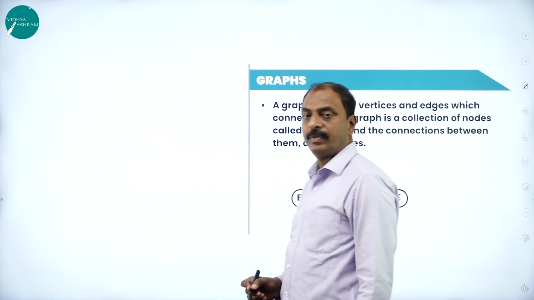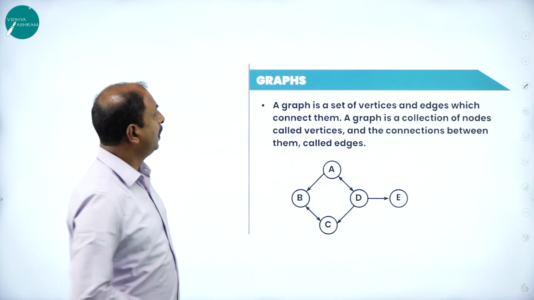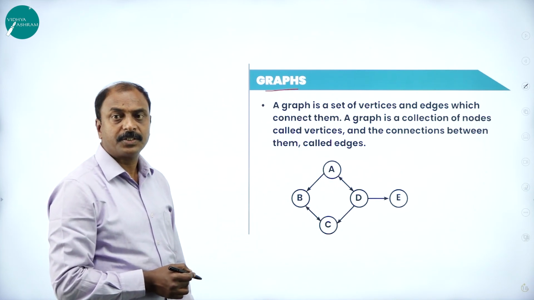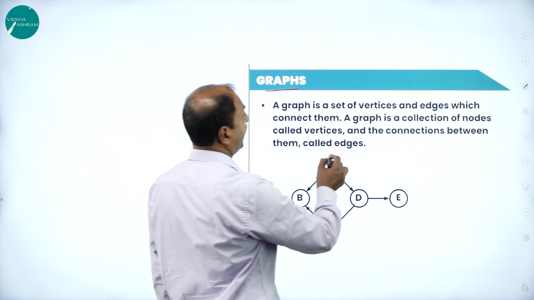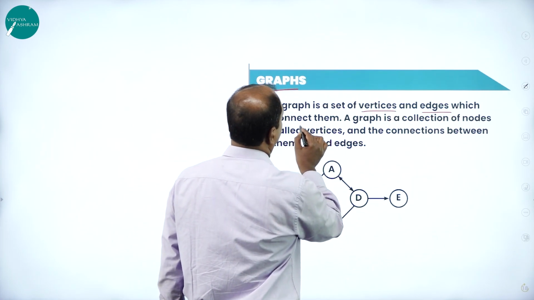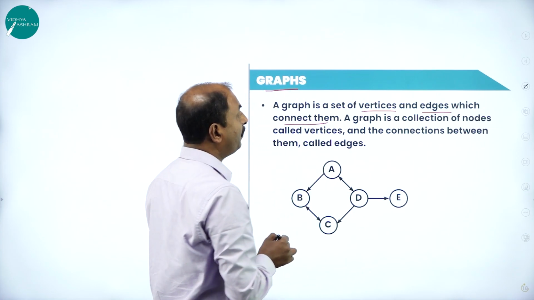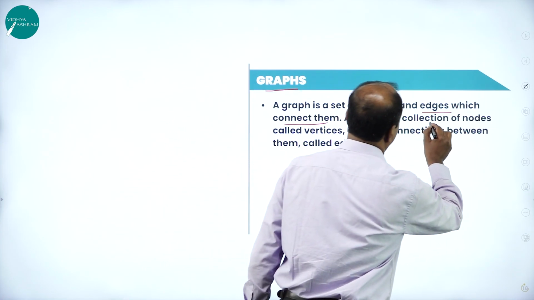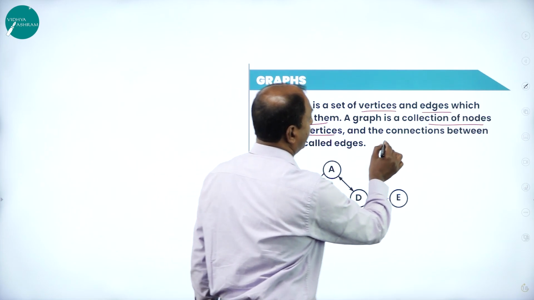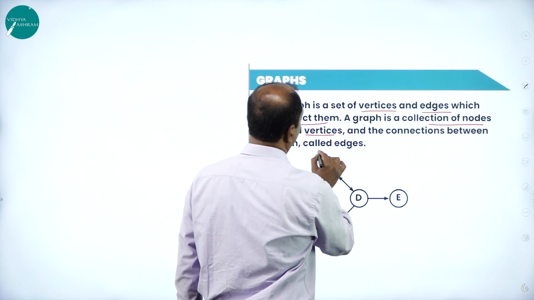In the next slide, we will see what graphs are. A graph is another type of non-linear data structure. Here a graph is a set of vertices and edges which connect them. A graph is a collection of nodes called vertices, and the connections between them are called edges.